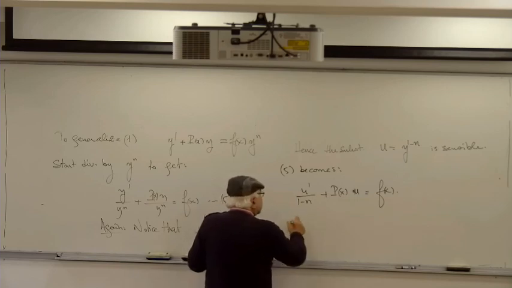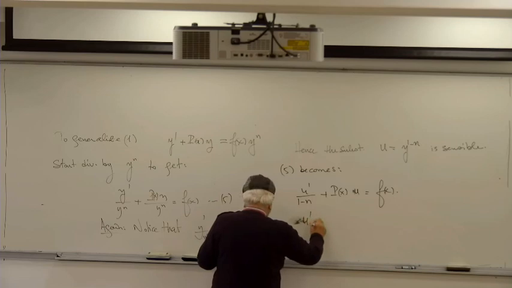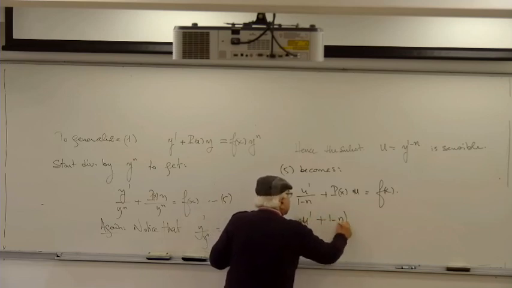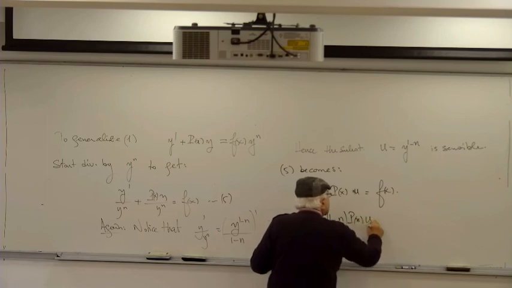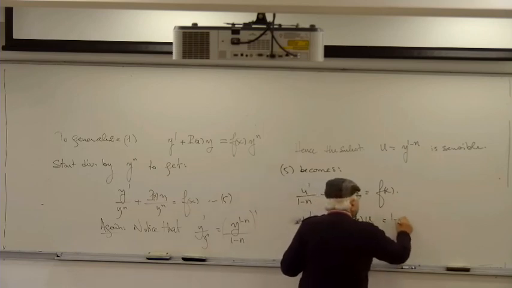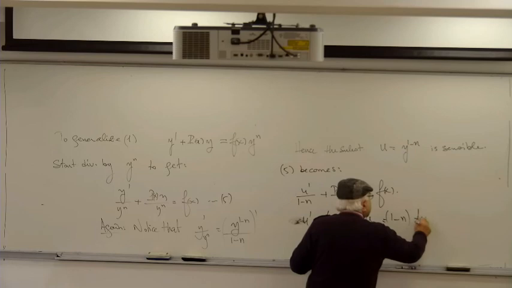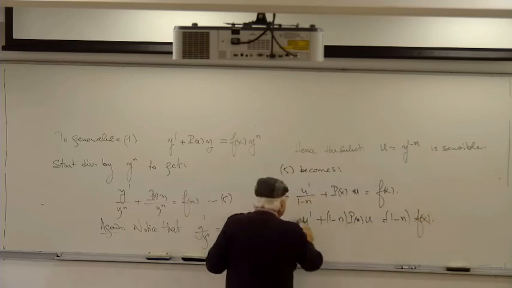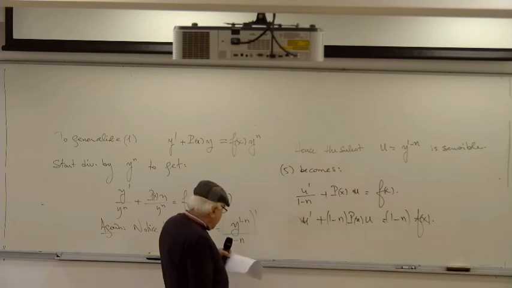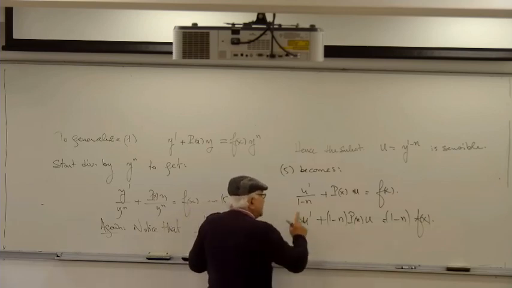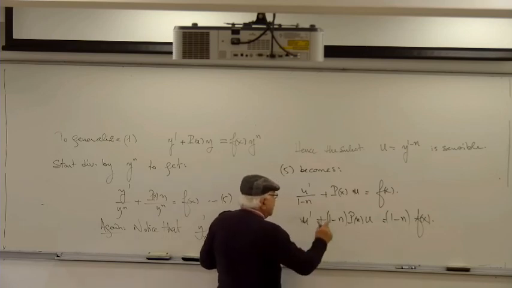Multiplying this by 1 minus n, you get u prime plus (1 minus n) p of x u equal to (1 minus n) f of x. Now, this is the form in which we usually have the first order linear differential equation with modified p of x and modified f of x.